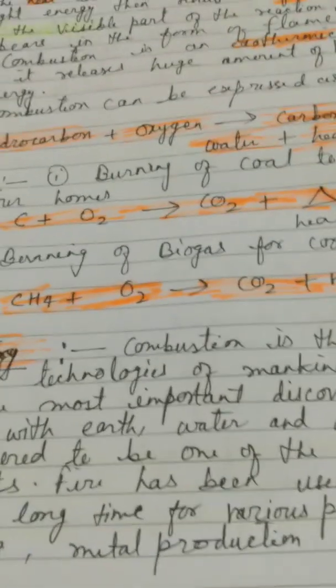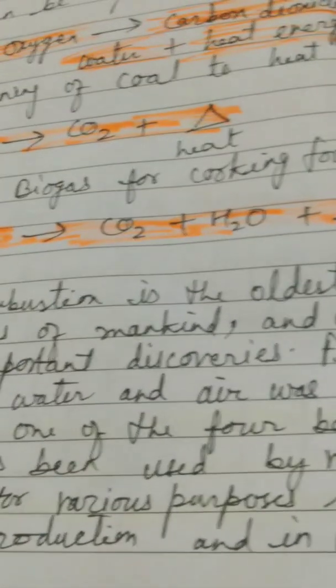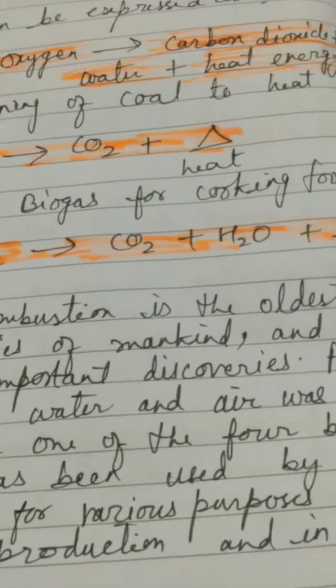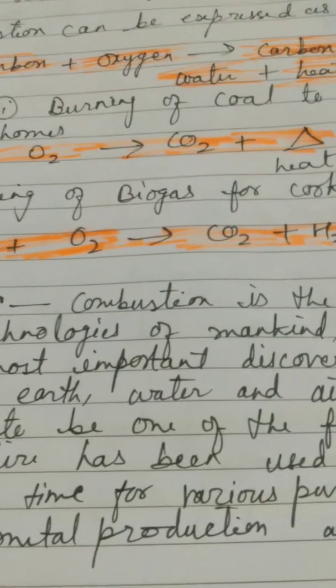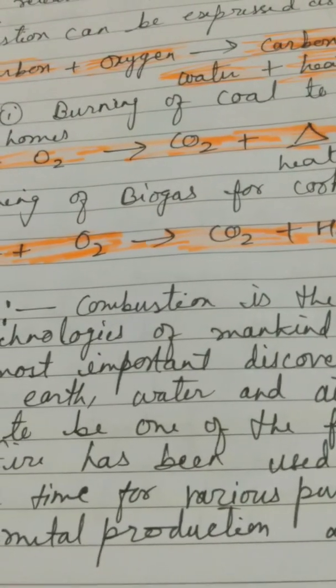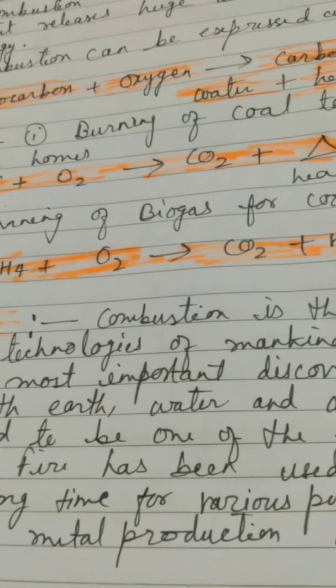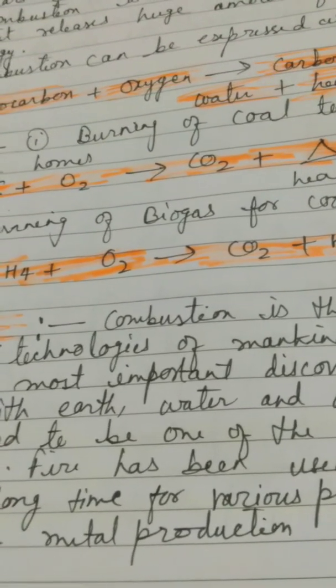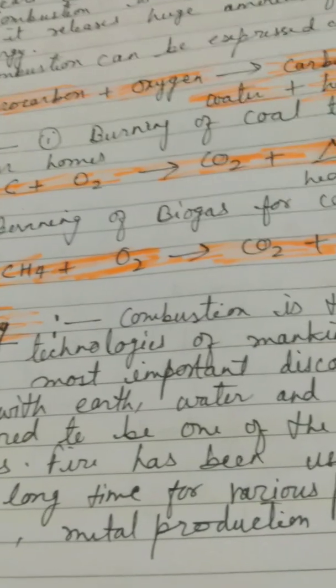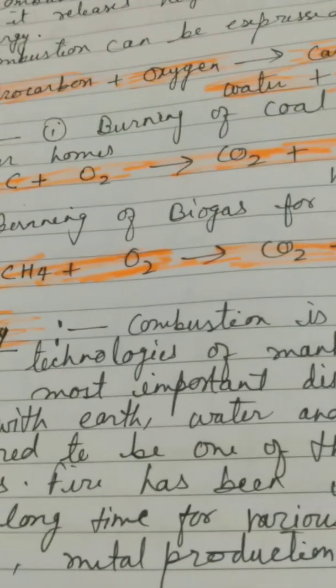Combustion is the oldest technology of mankind. I have written it here because by the discovery or invention of burning or fire, things suddenly moved on, meaning life started progressing, because we got a technique to generate heat.